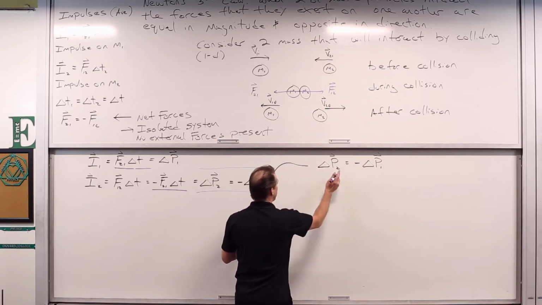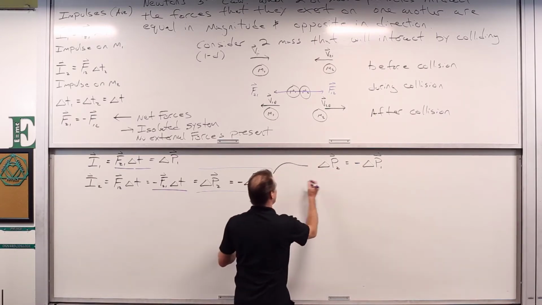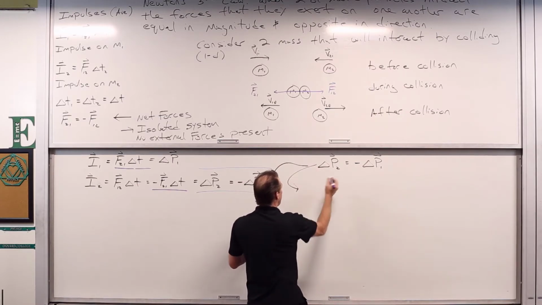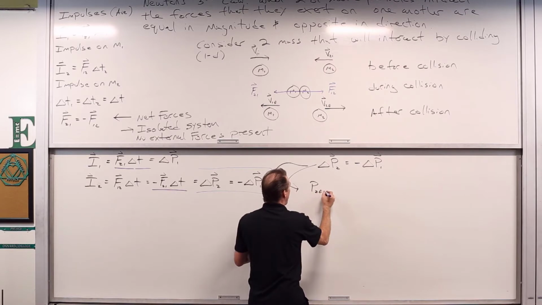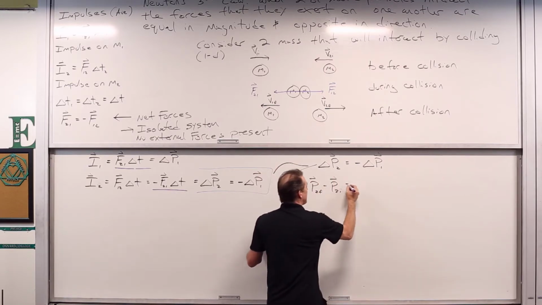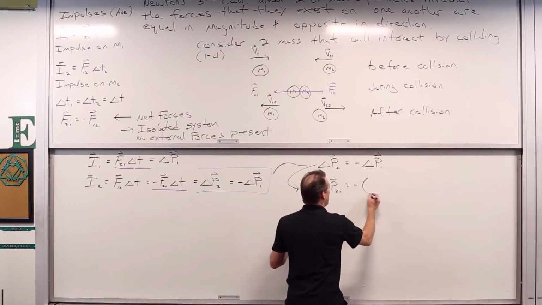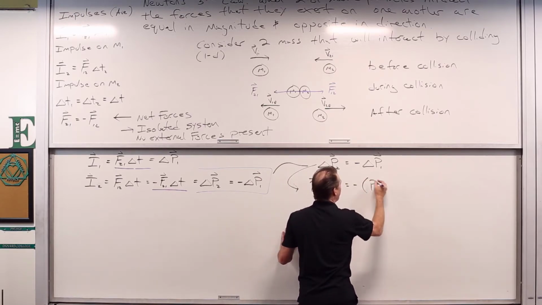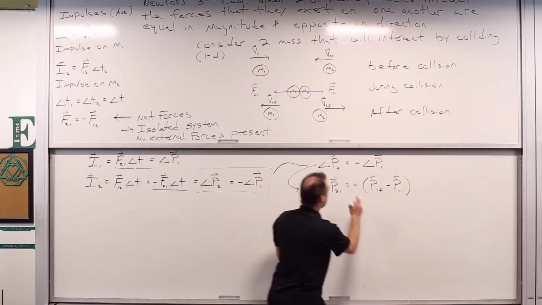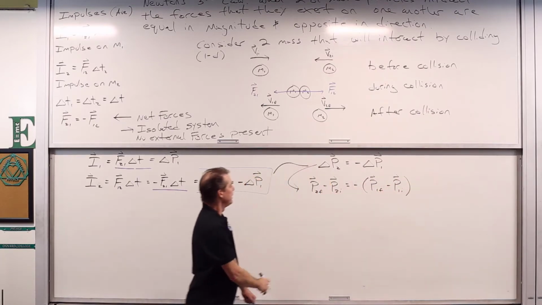So we can expand this out. We'll do it in momentum first. Let's do this, not confuse things here. So this can be rewritten as P2 final hat minus P2 initial hat, and that is equal to negative P1 final hat minus P1 initial hat, negative of the quantity there.